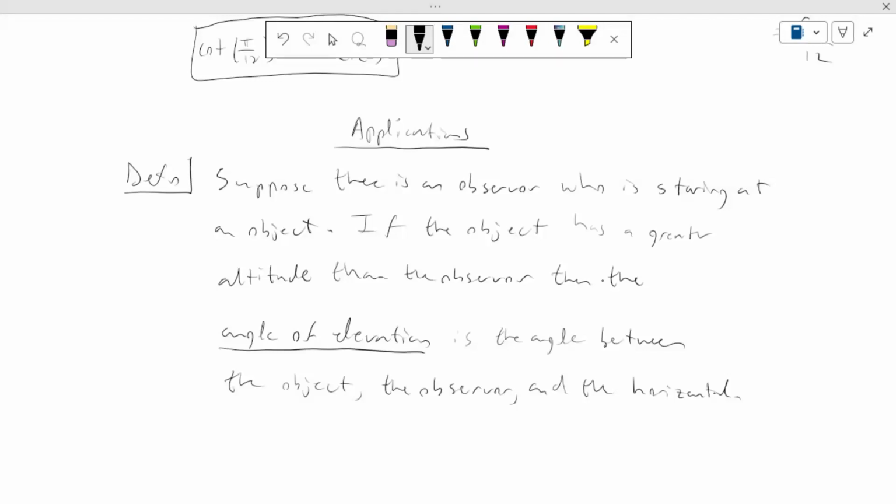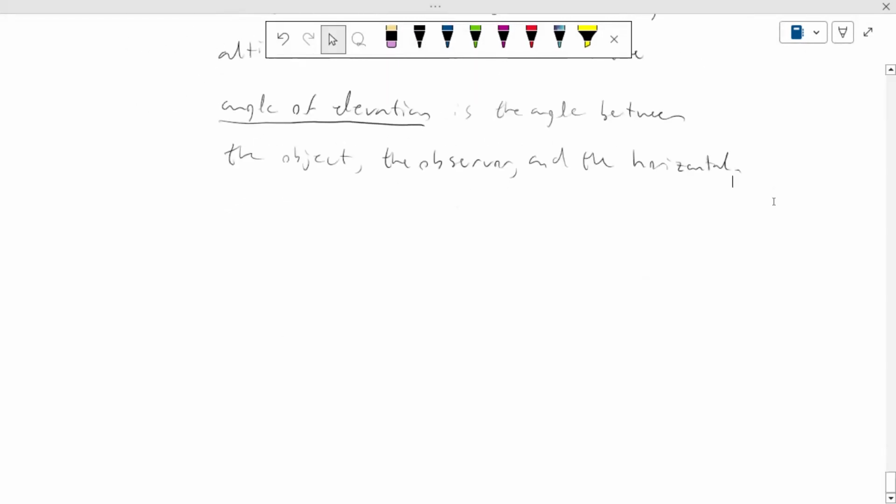So let's draw a picture of that. Okay. Draw a little picture here. So let's say our dude is off the ground here. On the edge of the roof for no particular reason. So if he's staring straight ahead here, that's the horizontal. Now we have an object in the air, right?